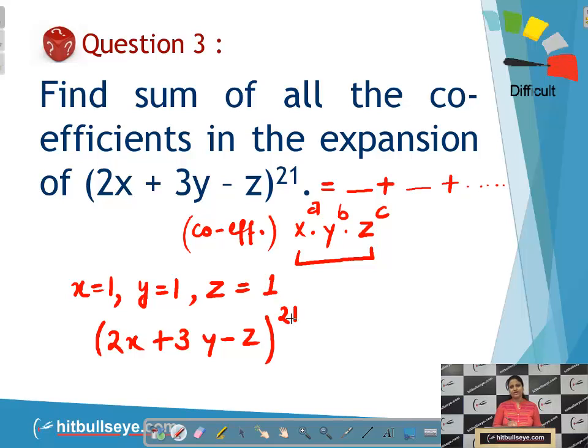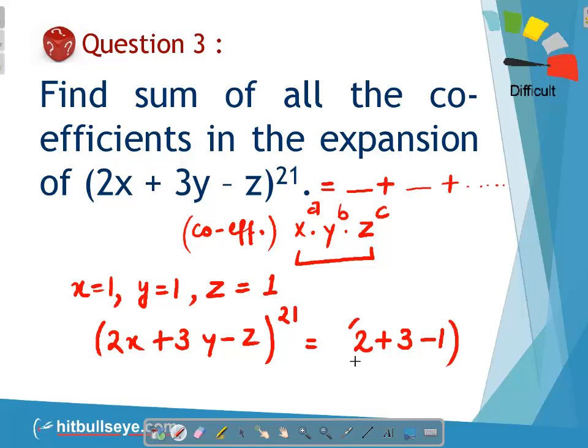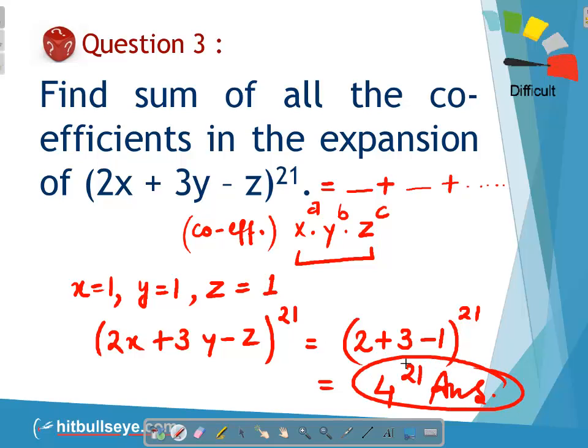We need the sum of coefficients here. We can simply put x as 1, y as 1 and z as 1. So we'll get 2 plus 3 minus 1 whole raised to power 21, which comes out to be 4 raised to power 21, and this is the answer in this case. So it will be the sum of all the coefficients.